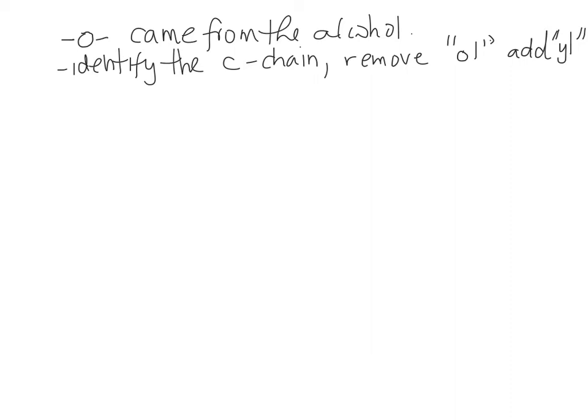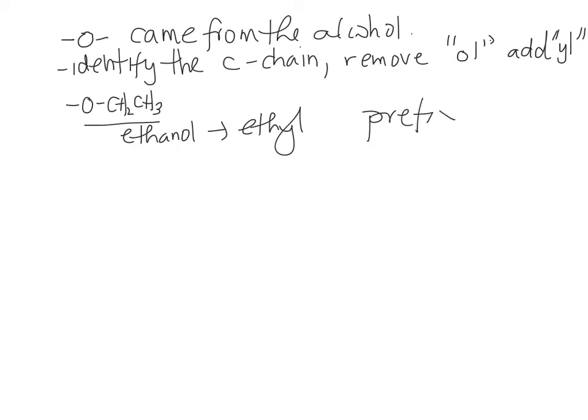So if we had two carbons, it would have been ethanol, so this becomes ethyl. And this is the prefix for the name. So the alcohol comes first, and you change the ending to "yl". The acid comes second, and you take off the "oic acid" and add "oate".